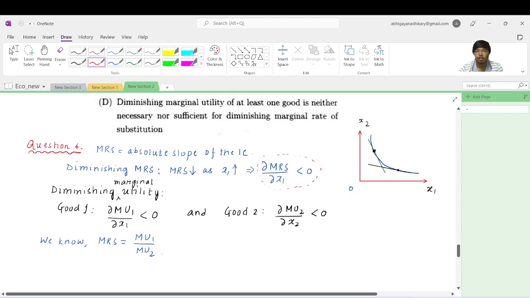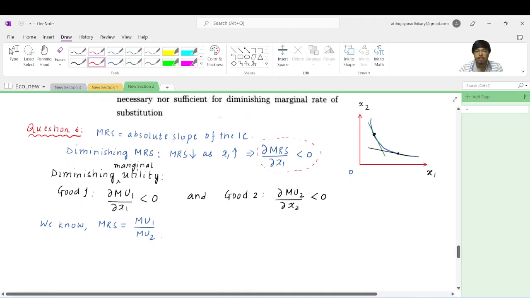For easy understanding, we can simply take log and take the derivative with respect to x1. Then what are we getting? If I take log, then log MRS equals log of mu1 minus log of mu2.